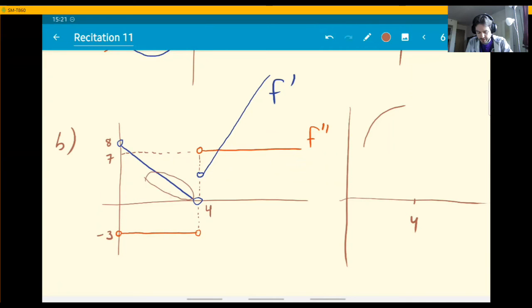As you go towards 4 from the left, f prime tries to become 0, so the graph really is going to try to become more and more horizontal at the number 4. But then suddenly, the derivative becomes some positive number here, whatever this number is, like 4, for example. So suddenly, the slope of the graph is more like a line of slope 4.